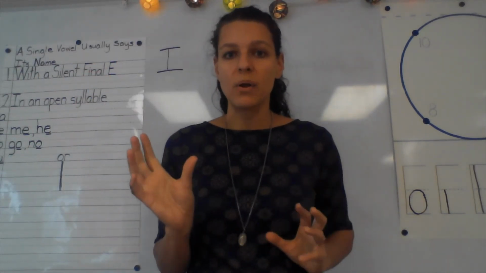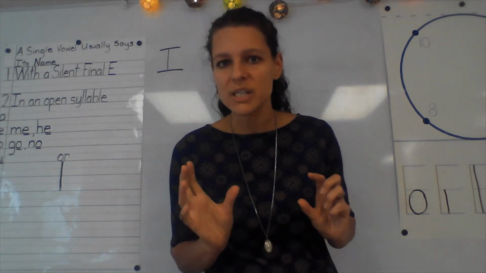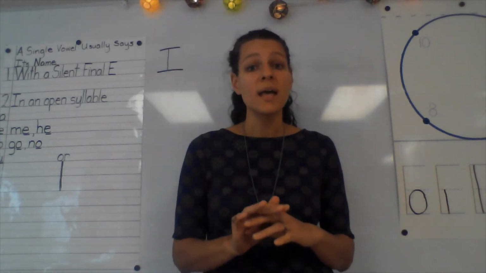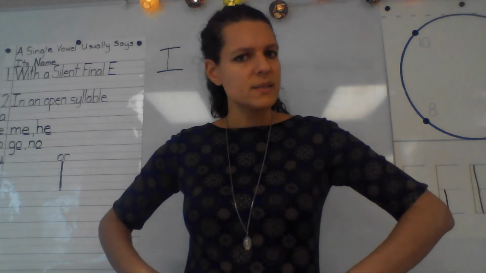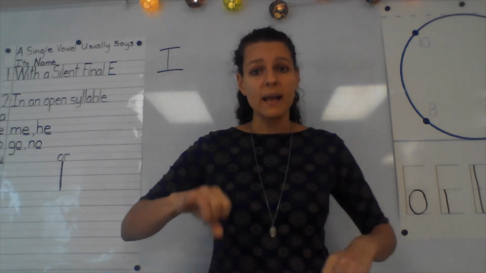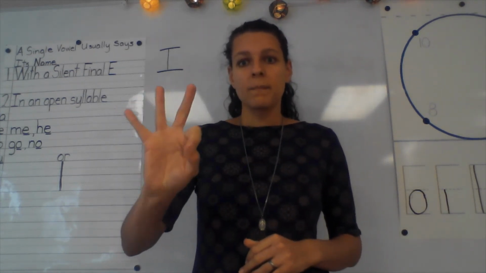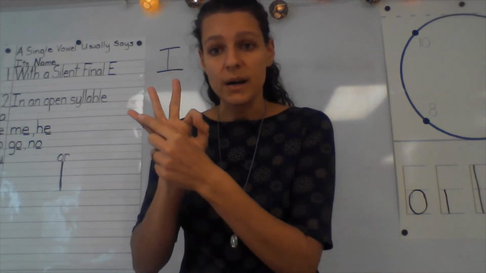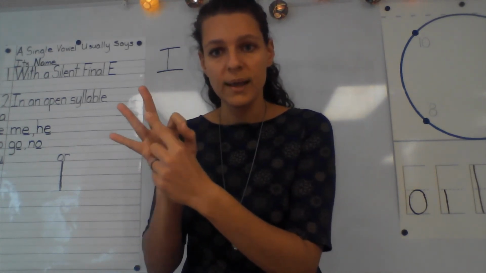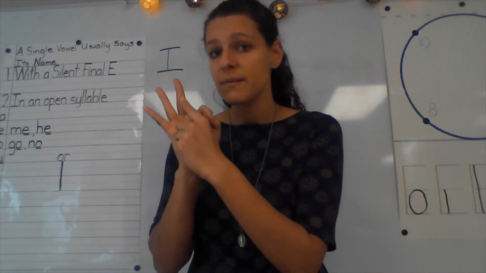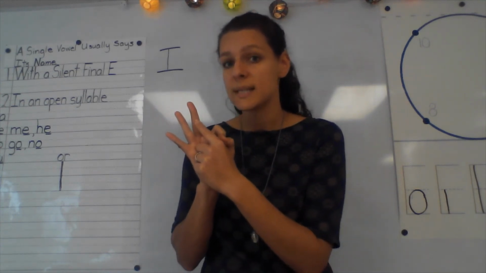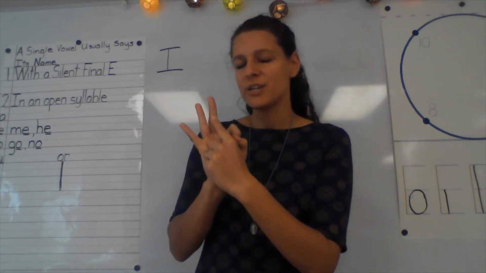The first syllable is spy. What's the first syllable? Good, spy. What sounds do we hear in the syllable spy? Good, so the sounds are s, p, I. Now this is the first syllable of a 2-syllable word, spider.